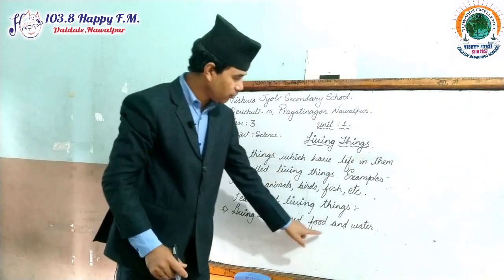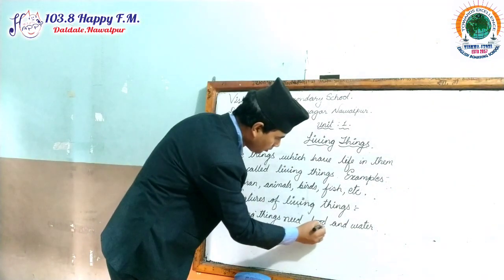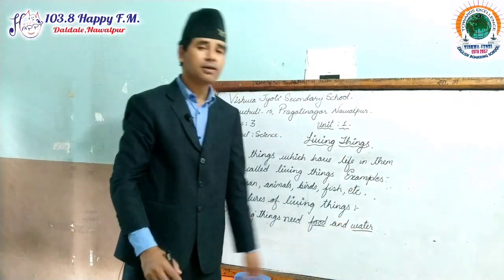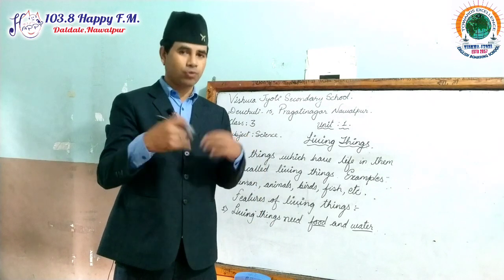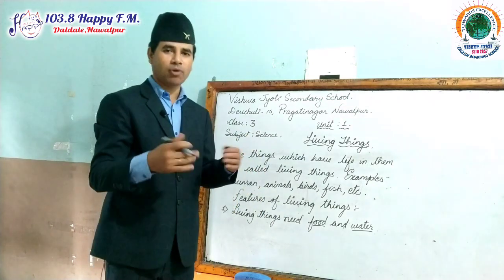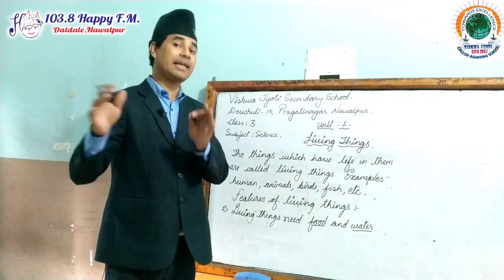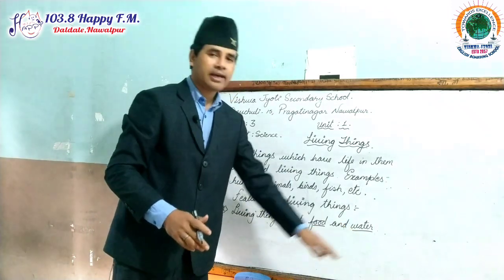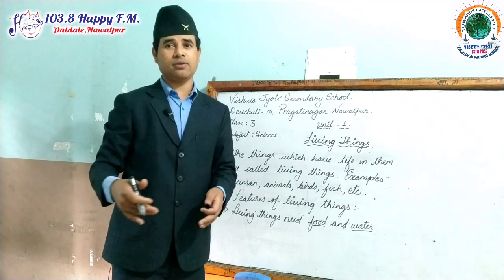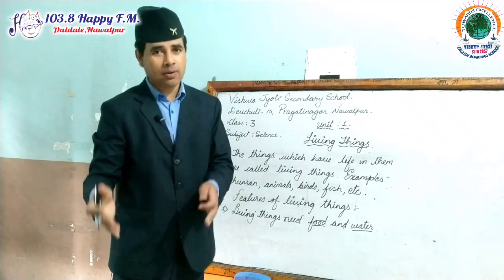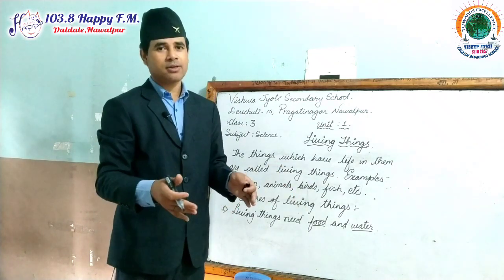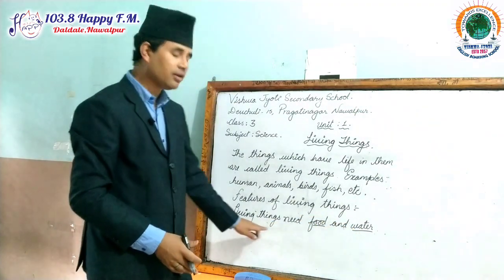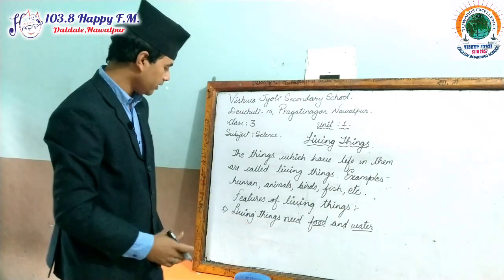Without food and water, living things cannot survive. Every day we eat food, whether it is in the morning or in the daytime or in the evening or at night, dinner. Whatever that is, it comes under food. Water, especially during this hot summer season, within an hour or 2 hours or 3 hours, we drink water. So that's why food and water is one of the basic needs for living things.